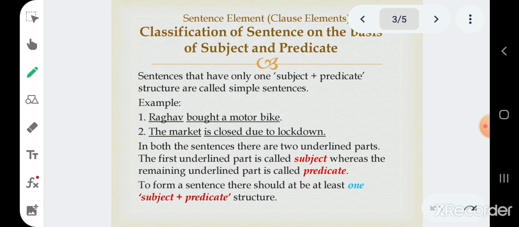Now, if we study these two sentences separately, tell me one thing. In the first sentence, Raghav bought a new motorbike, this is the subject, that means a noun, this is the verb, and this is again a noun phrase, as I told you earlier, a motorbike, which is the object.